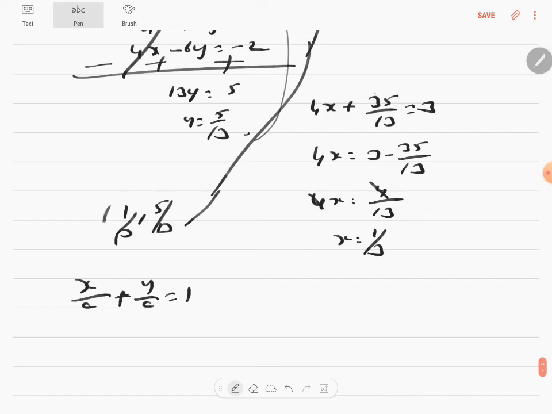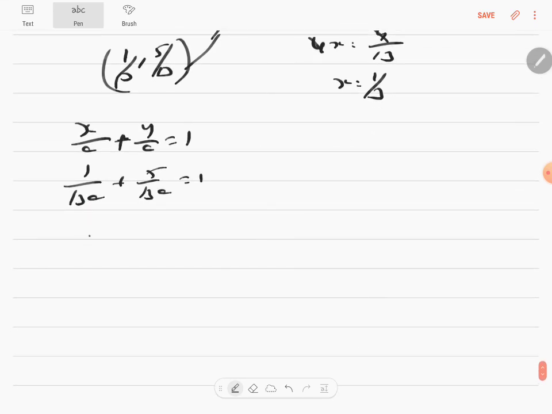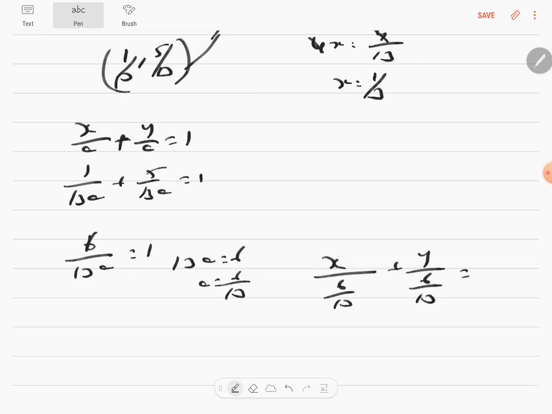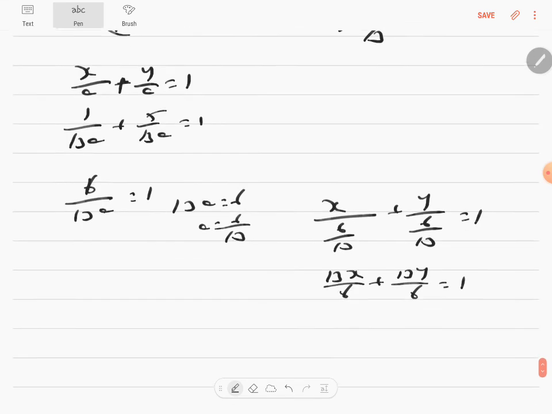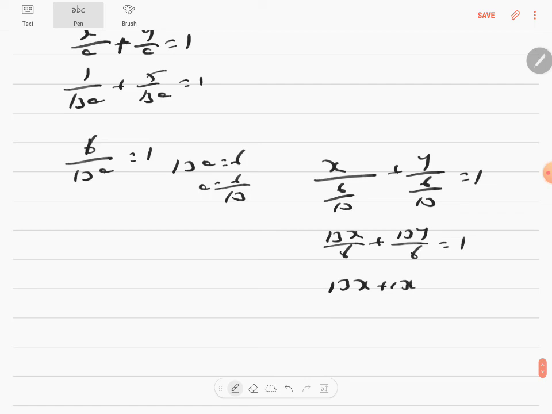A point on the line satisfies the equation of the line. So 1 by 13a plus 5 by 13a is equal to 1. Therefore 6 by 13a is equal to 1, 13a is equal to 6, a is equal to 6 by 13. Hence the equation will be x by a plus y by a is equal to 1, or 13x by 6 plus 13y by 6 is equal to 1, or 13x plus 13y is equal to 6.